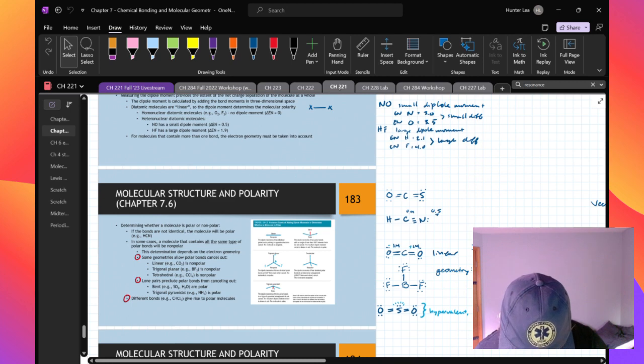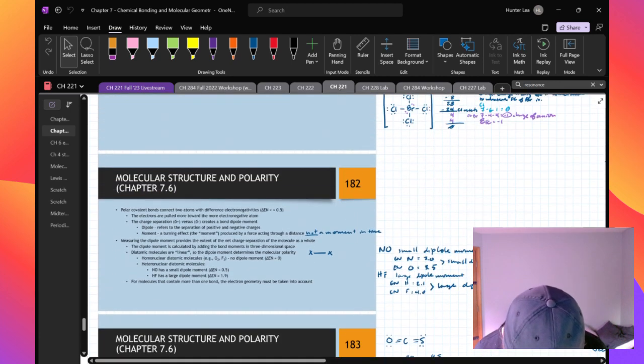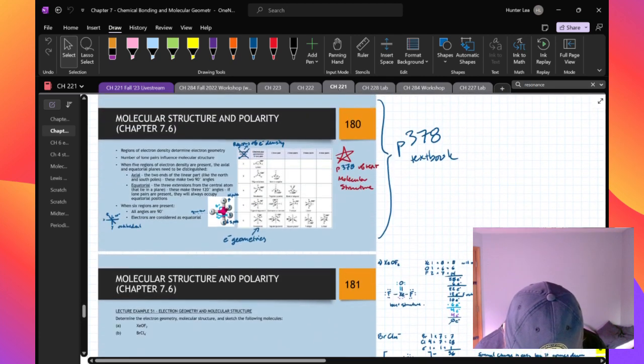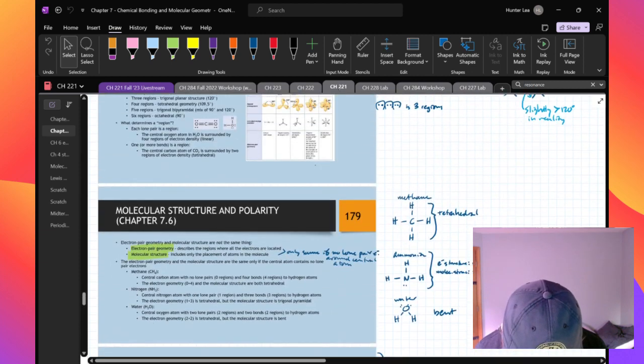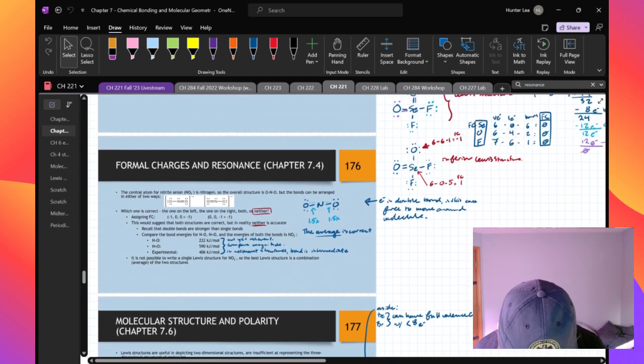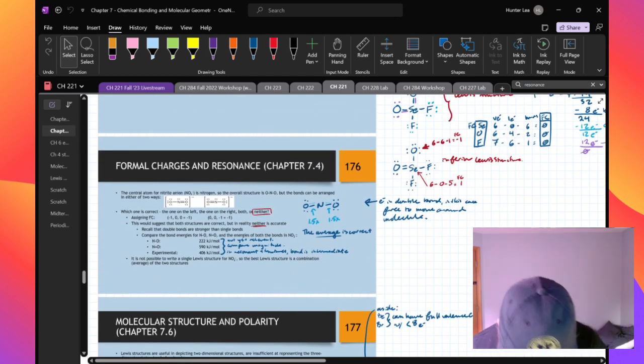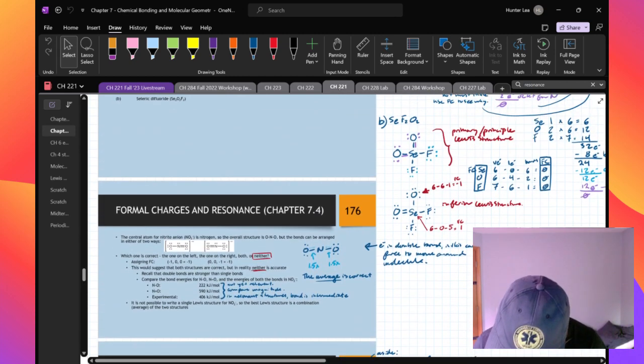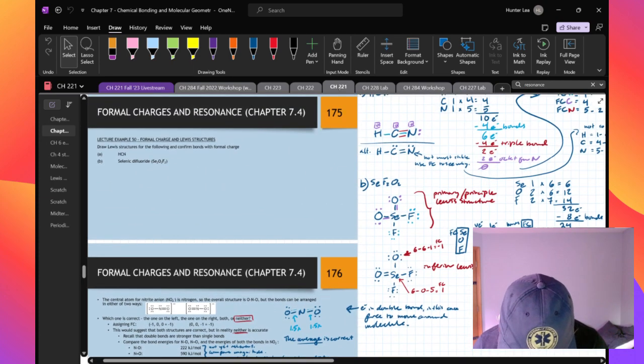Let's see. That's polarity. We're not quite there yet. We're still on formal charge. Formal charges in resonance. Are we content to have hypovalent?